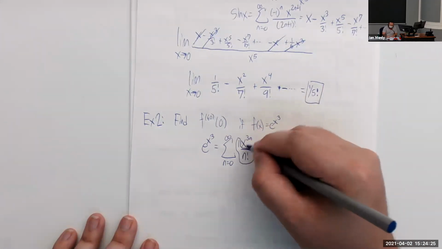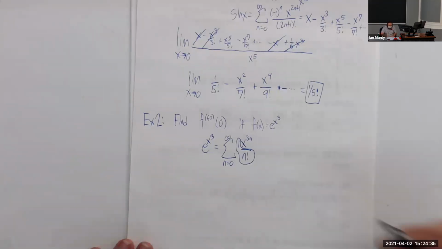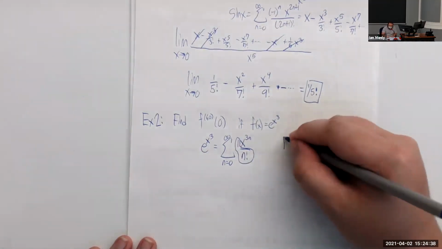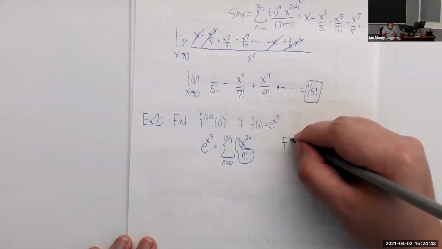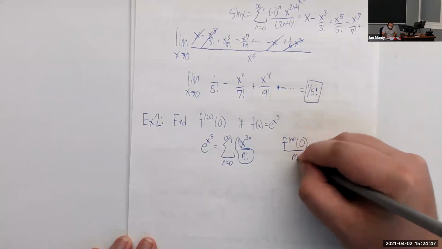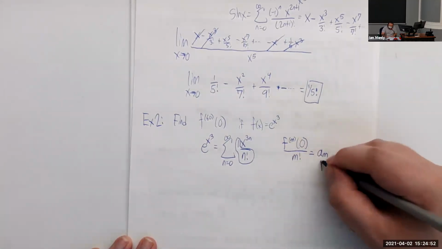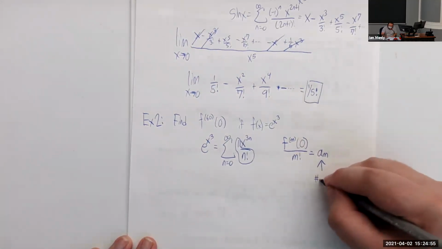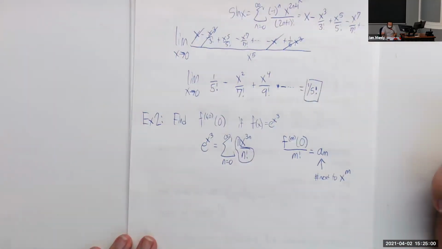So the coefficient of each of these is 1 over n factorial right here. So that's the coefficient of this. Now, remember, we have a nice formula for our Taylor coefficients. The mth derivative at 0 over m factorial is a sub m, where a sub m is the number next to x to the m right here.